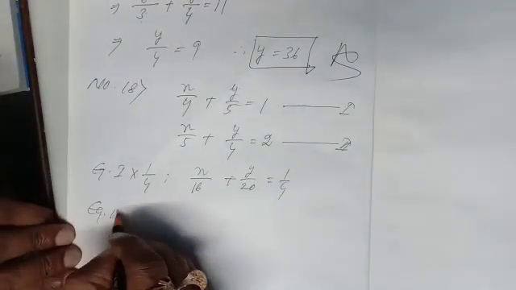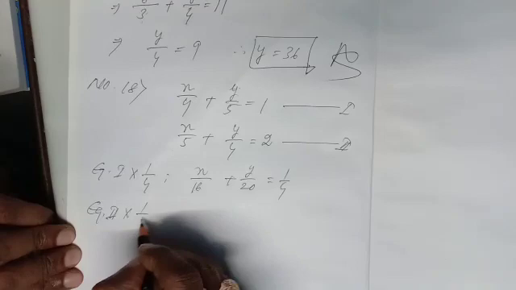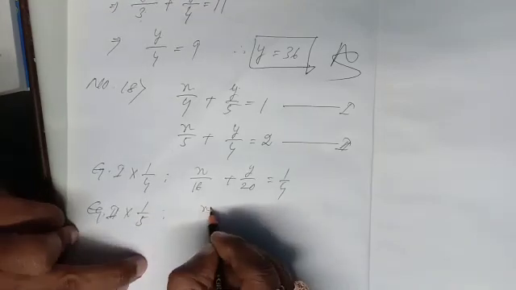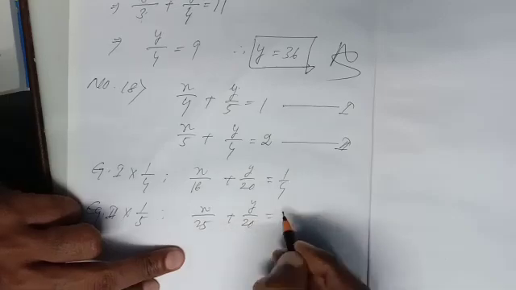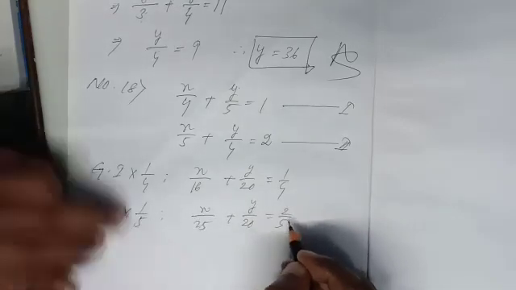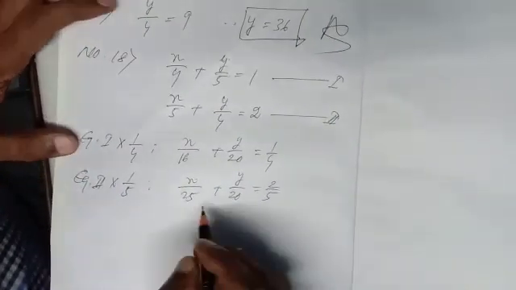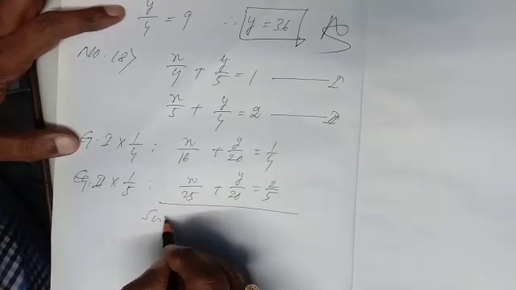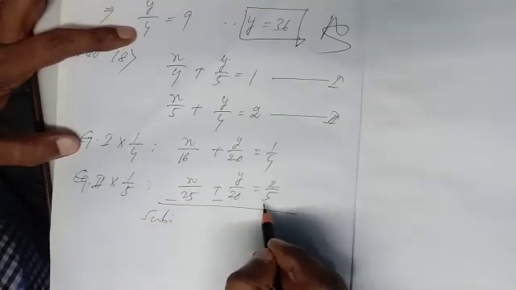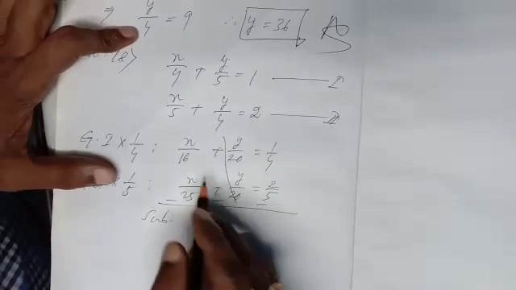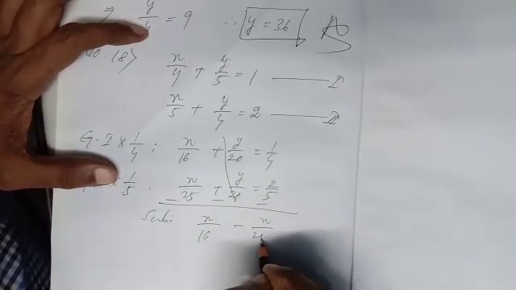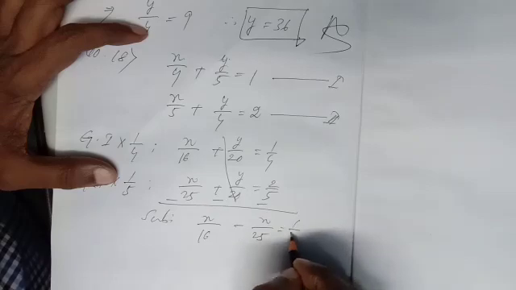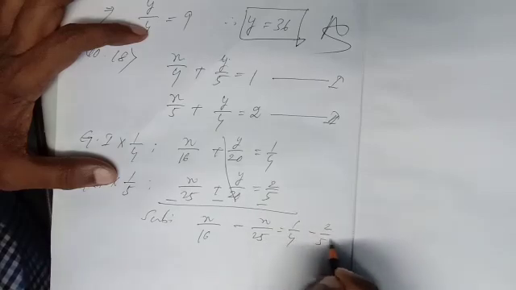Then equation 2 into 1 by 5, this will be x by 25 plus y by 20 equal to 2 by 5. Now subtract. The sign will change and the y terms will cancel out. x by 16 minus x by 25 is equal to 1 by 4 minus 2 by 5.